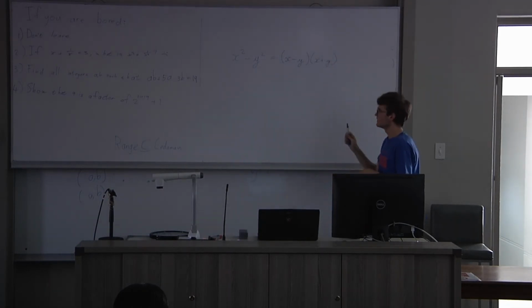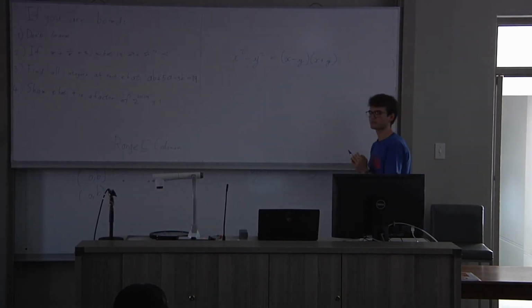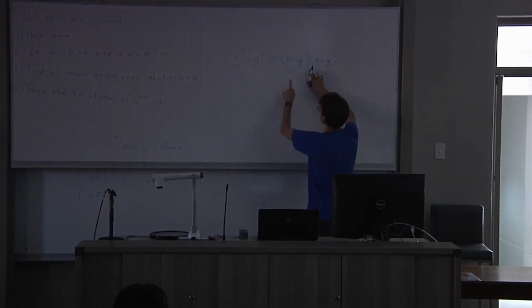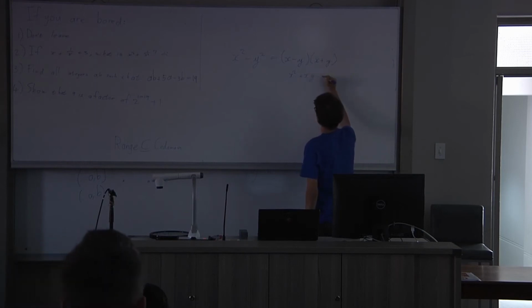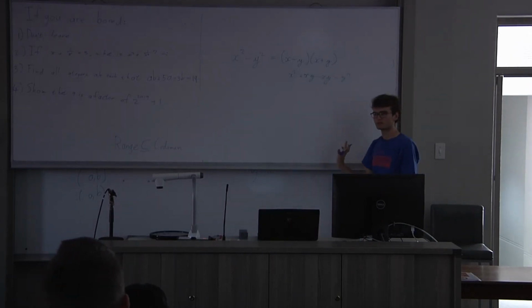So if you haven't seen this before, it's something that you should really memorize. It's exceptionally useful. And the reason that it's true, you can just multiply it out to see that's x squared plus xy minus xy minus y squared. And those two terms cancel, so it's x squared minus y squared.